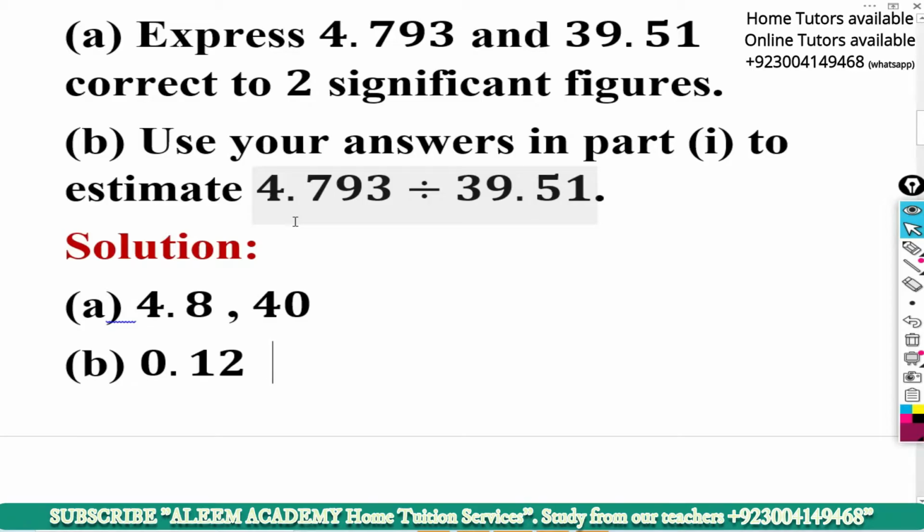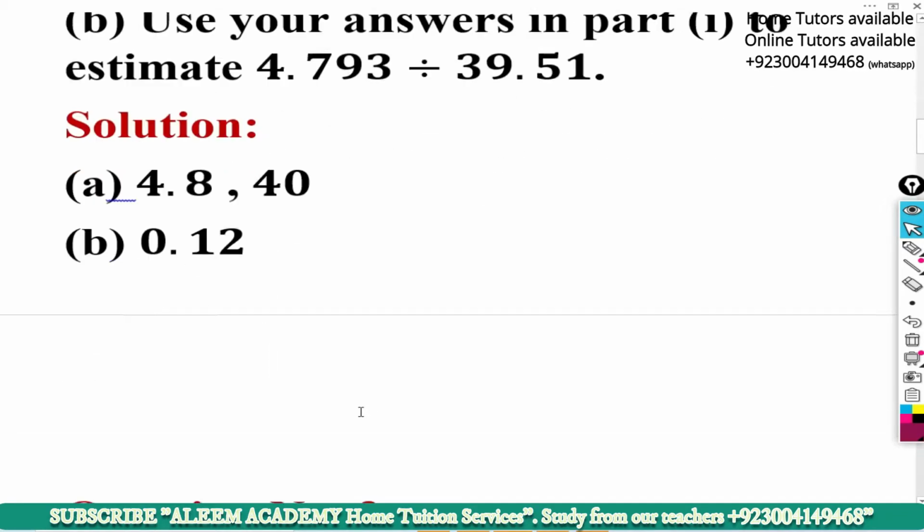We used the values from part 1, 4.8 over 40, and we removed the decimal. And you must know what happens when we remove a decimal in the numerator: we multiply by 10, 100 or 1000. It depends on the number. Like this is 4.8, there is one number after the decimal, so we will multiply by 10 on the other side. So that will be 48 over 40, and then we divide it and we got 0.1. Very easy part, very easy.